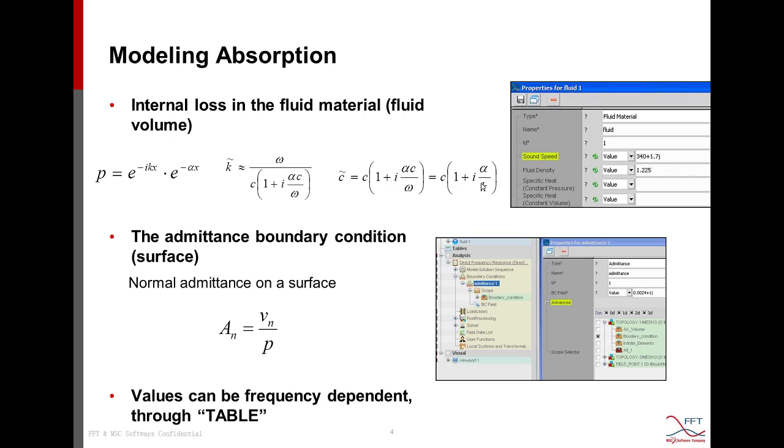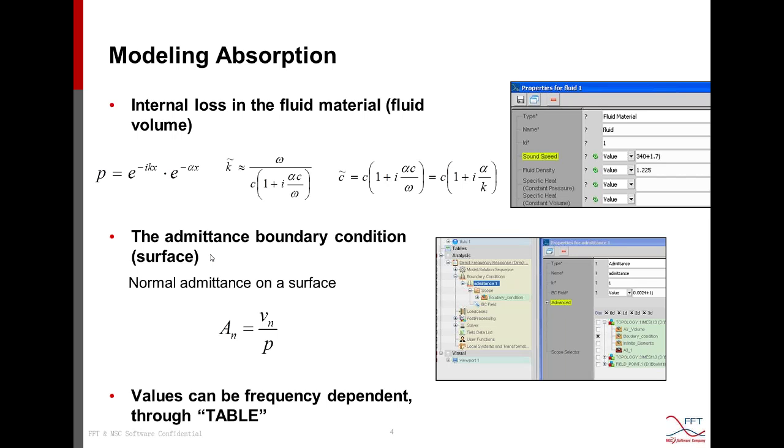Now sometimes when we model the surface absorption, we can use this equivalent admittance or the equivalent impedance method. With this method, which is here, we apply an admittance on the surface.